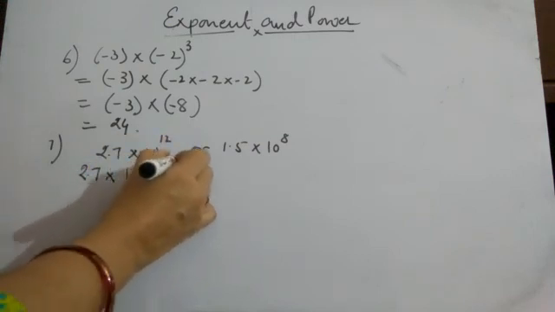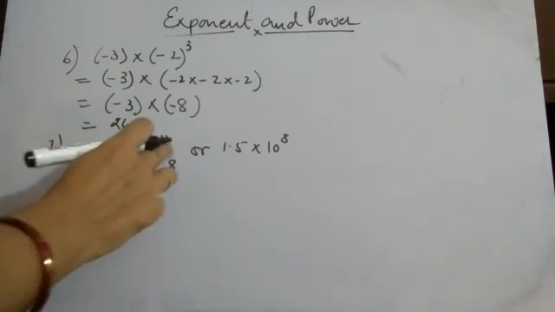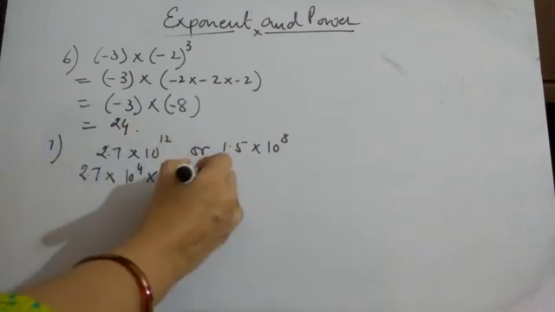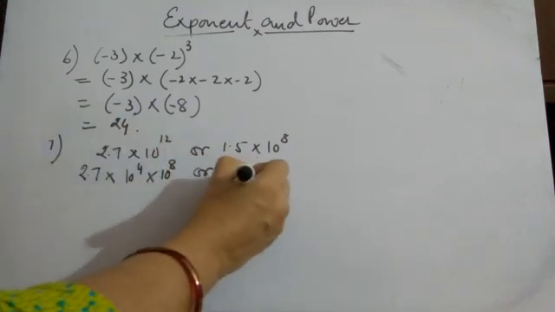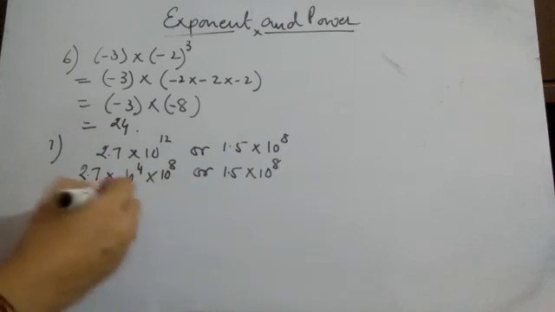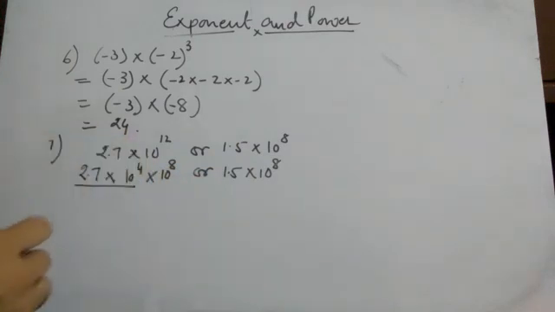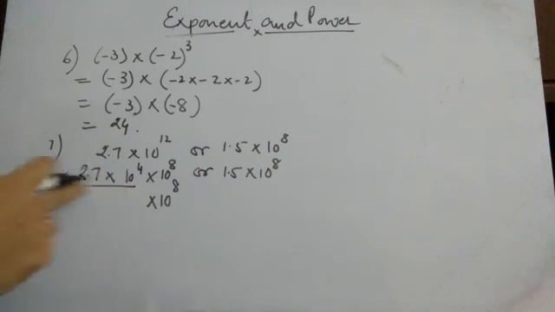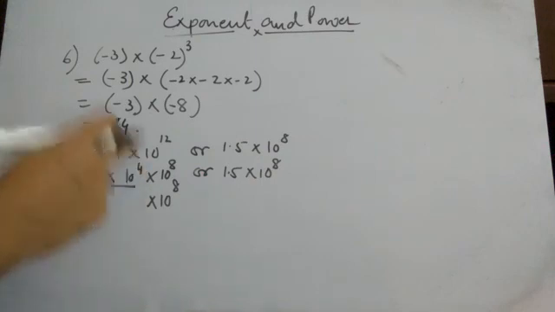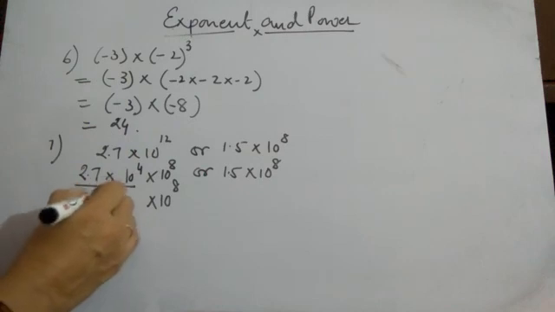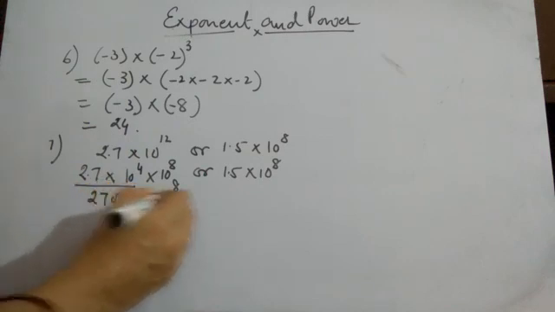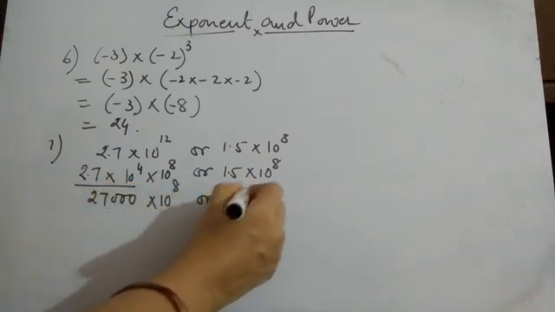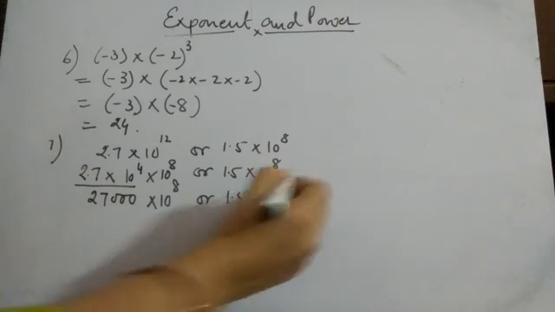This will become 10 to the power 8. 8 and 4 is 12, so we have split this. Now let us keep 10 to the power 8 separately. If we multiply 2.7 by 10 to the power 4, 1 zero will cancel the decimal and 3 zeros remain: 27,000, or 1.5 into 10 to the power 8.